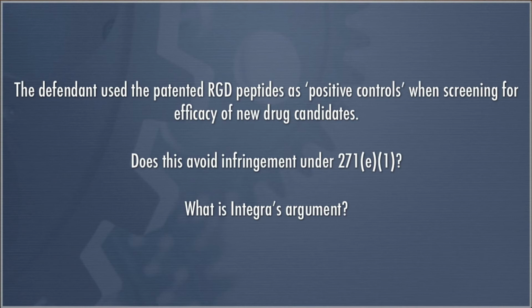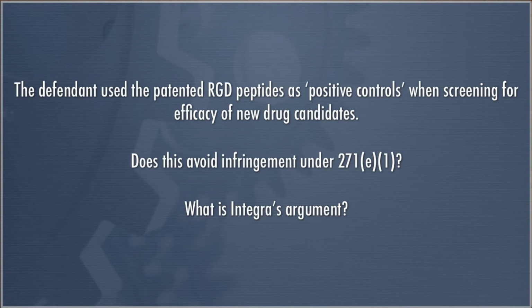Why does Integra say that? Well, what Integra says is that the 271(e)(1) exception extends only to the FDA requirements for safety type clinical trials, right? And that what 271(e)(1) gets to is to basically accept infringement for certain types of safety-related information that has to be given to the FDA in connection with drug approval, but it does not extend further into more general research or experimentation, even if that research or experimentation is in some sense related to the FDA approval process.